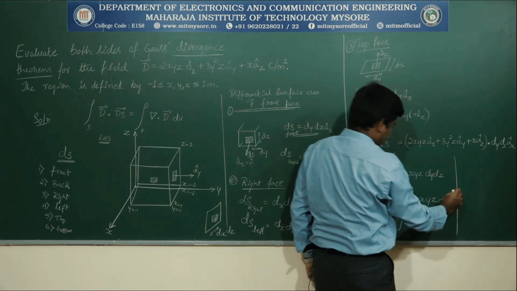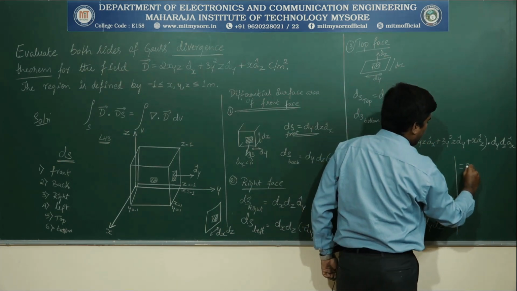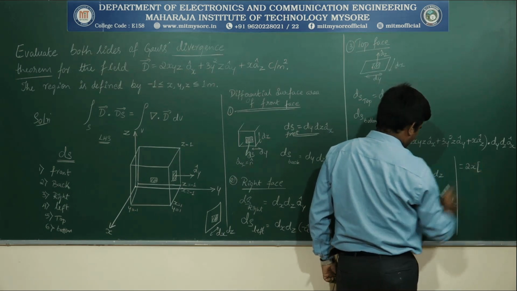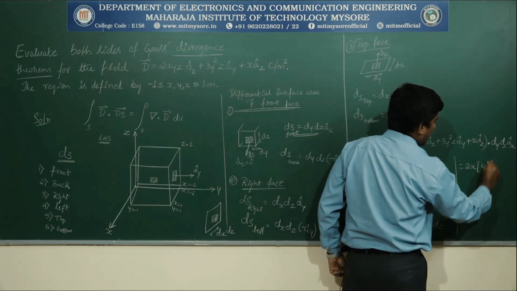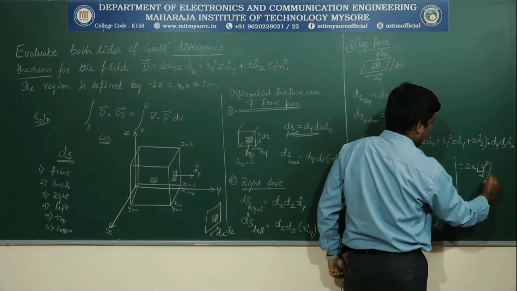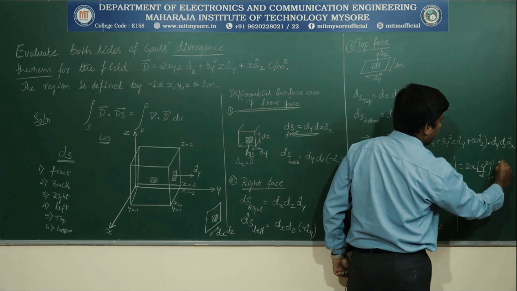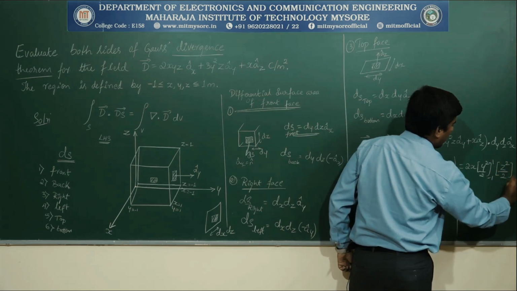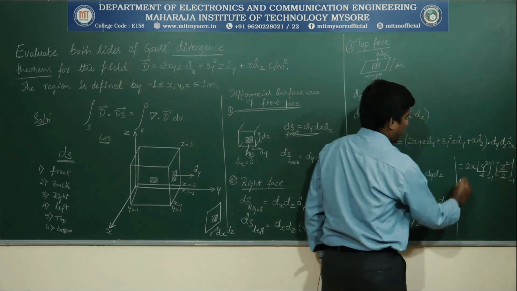What is the answer we are going to get? It is equal to 2x times, this is y square by 2 from minus 1 to plus 1, z square by 2 from minus 1 to plus 1.